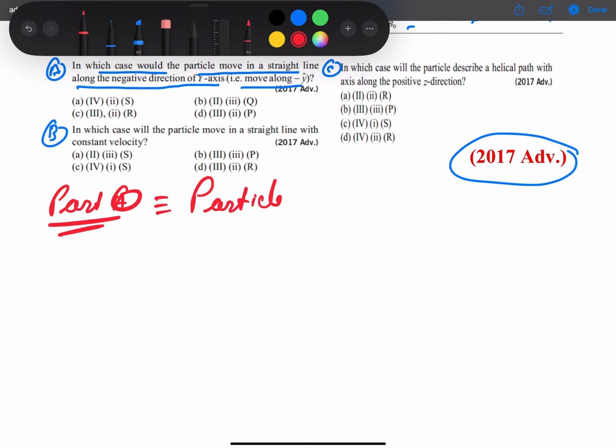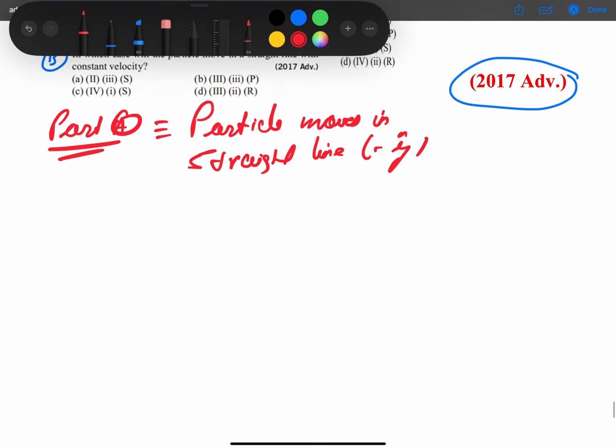So particle moves in a straight line, and the straight line is along the negative y-axis.